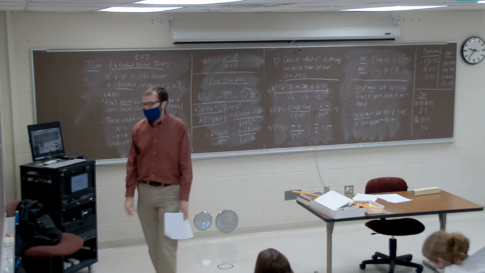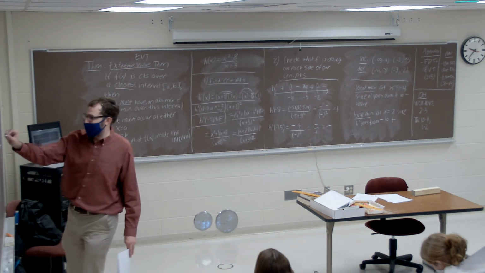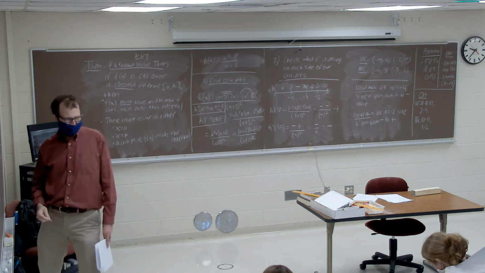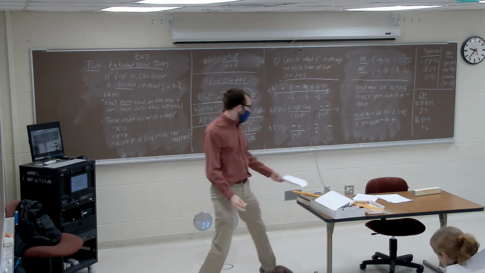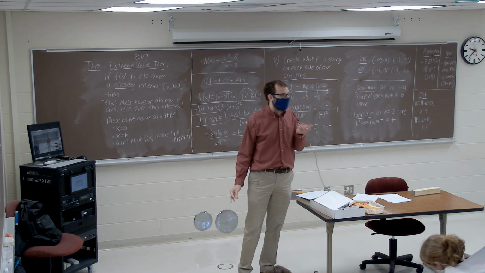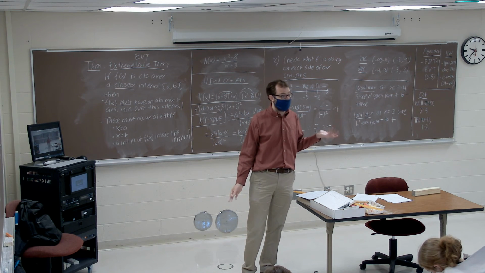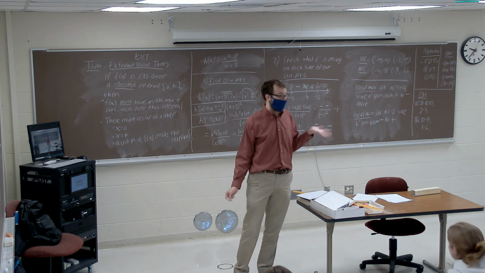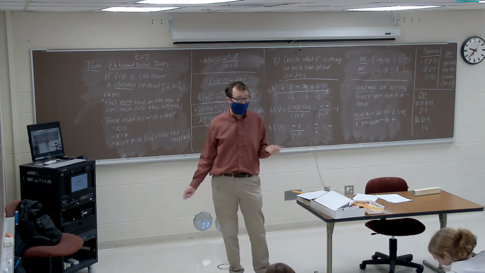between a and b. So from this point on the left over to this point on the right, where could this function possibly reach its absolute largest value and its absolute smallest value inside that interval, meaning we only care about x that are between a and b.